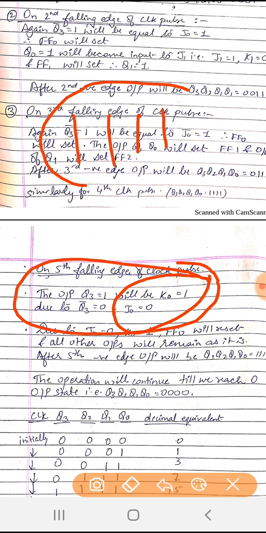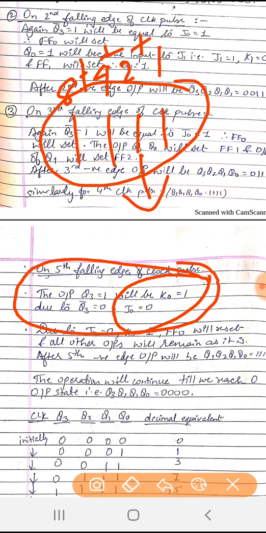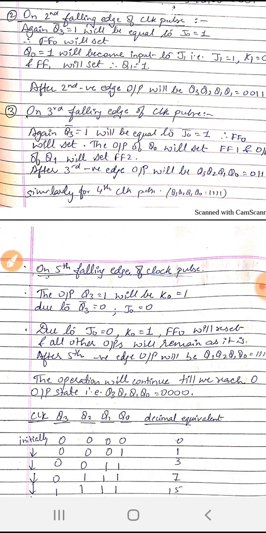That is represented in binary, and the decimal equivalent of it would be 1 2 4 8, 8 plus 4 plus 2 plus 1, that is, it would be 15. Okay, so this is how it will be.